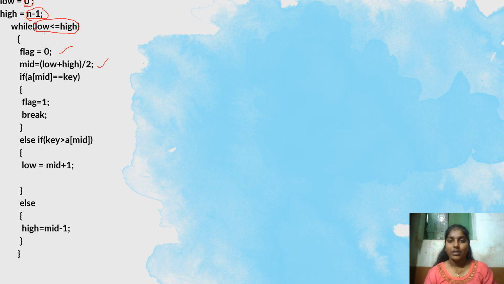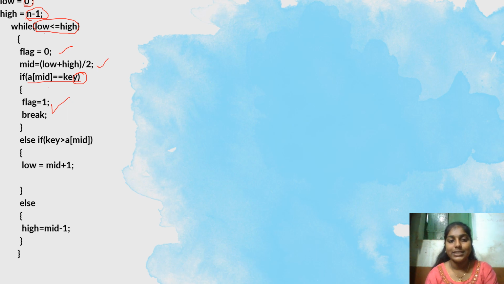As I've already shown in the algorithm, after calculating the mid value, first we compare the mid value of the array to the key element, meaning the search element. If they are both equal, then we assign flag as 1 and break, meaning terminate.